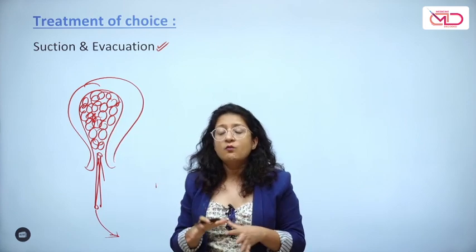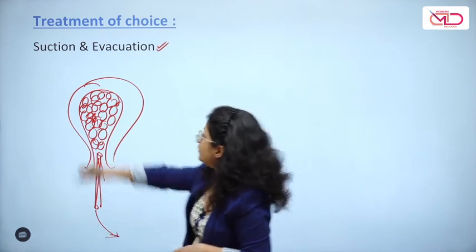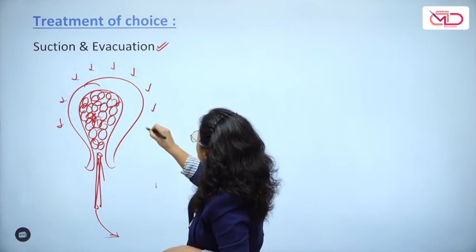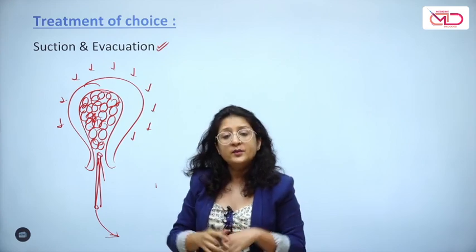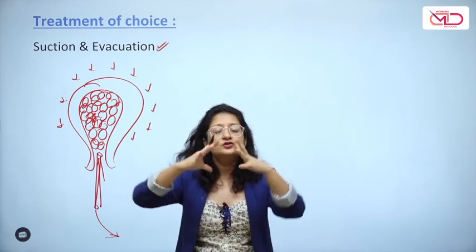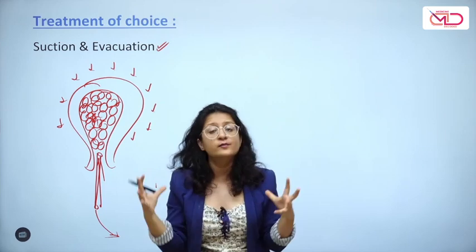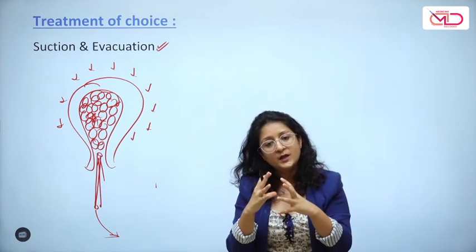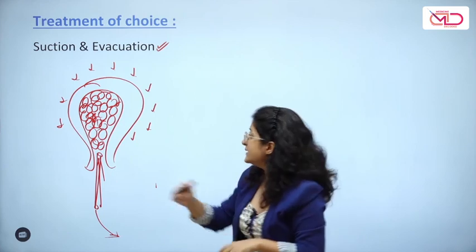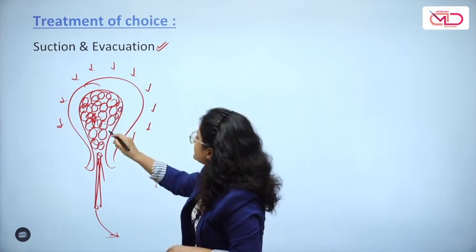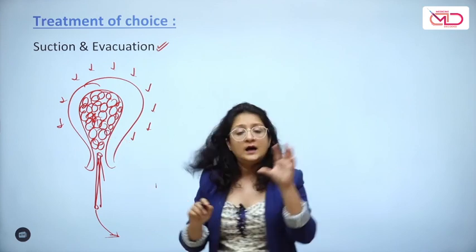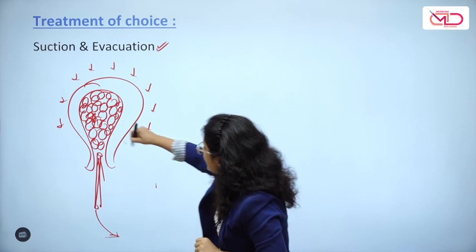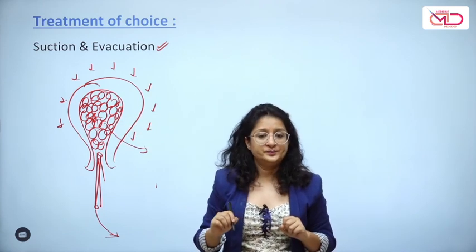Now you would ask me, why not a medical evacuation? Why not give her drugs to contract the uterus and just do medical evacuation? Why not that? Because when you're going to make this uterus contract forcefully, like probably using misoprostol in first trimester, there is a possibility that these small, dilated chorionic villi can seep into the maternal venous circulation, right?